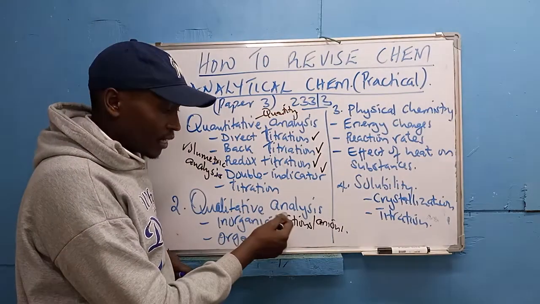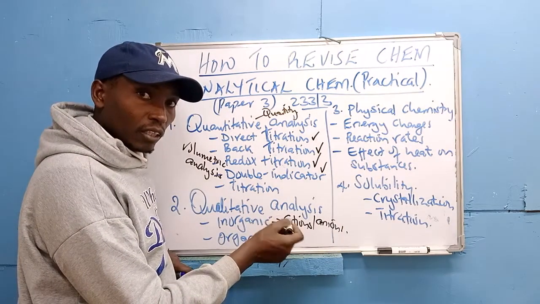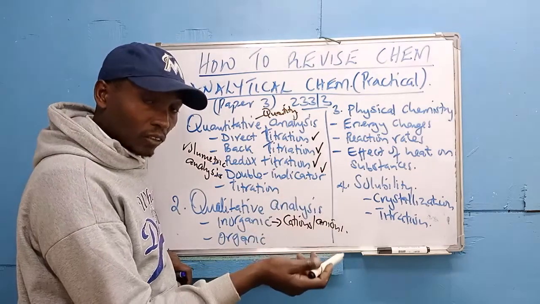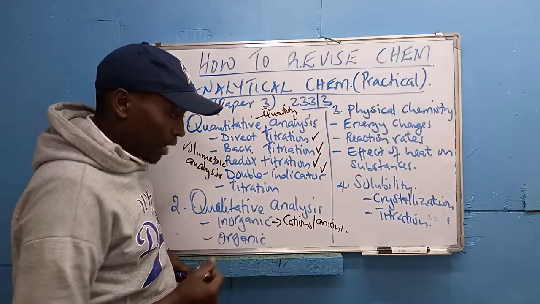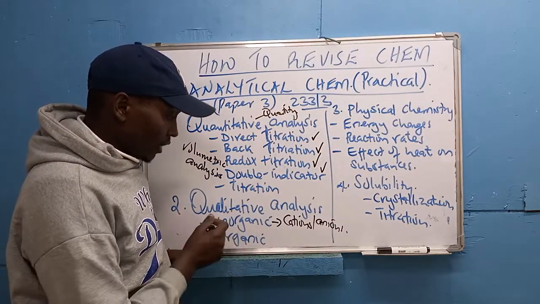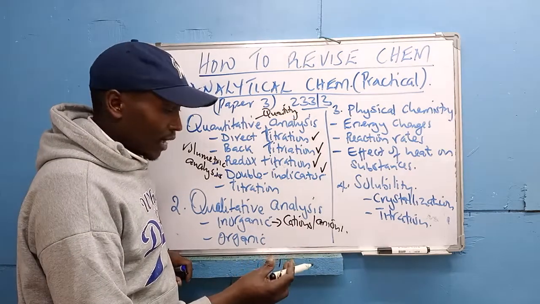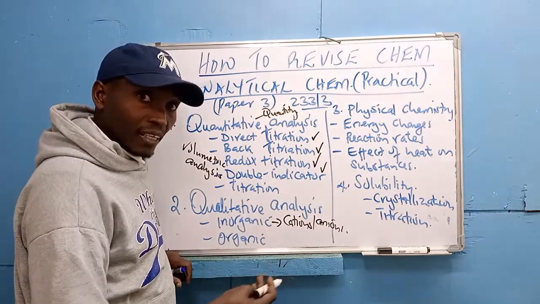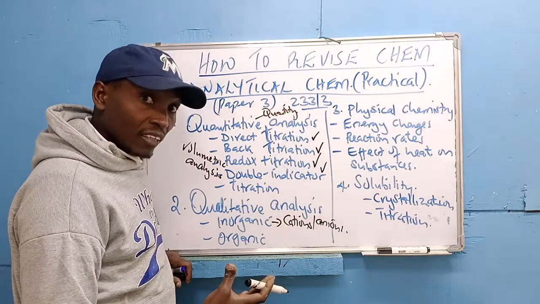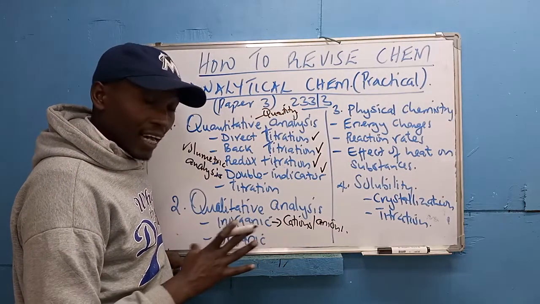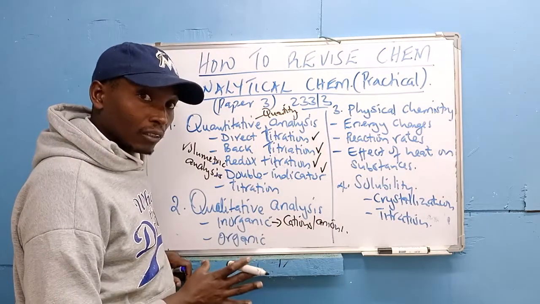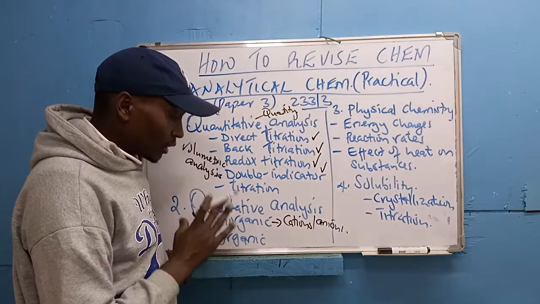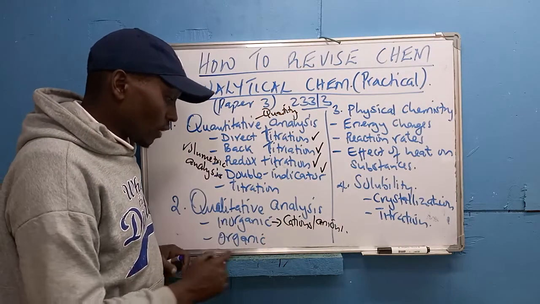And remember now here, the precipitation reaction, the concept of solubility of hydroxides and salts applies so much. The inorganic: sodium hydroxide, aqueous ammonia, barium nitrate, lead(II) nitrate. If such are the reagents you're having in a question, then they are talking about qualitative analysis of inorganic.